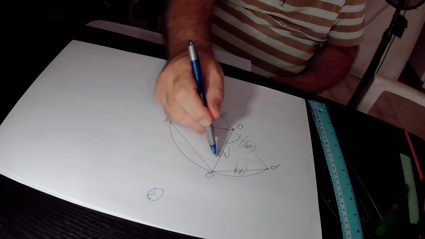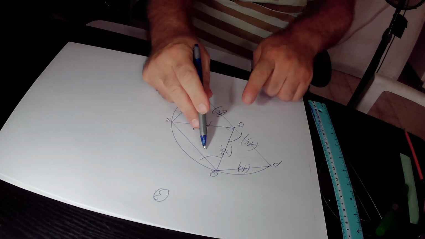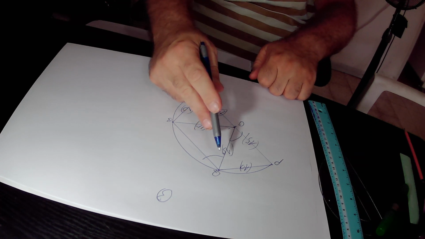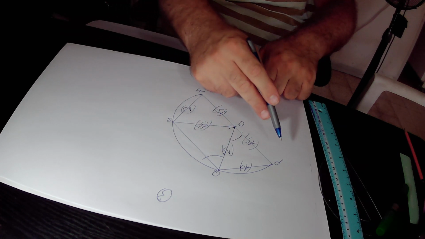Those two angles are defined as alternating angles, and they are located between the parallel lines QB and PM.